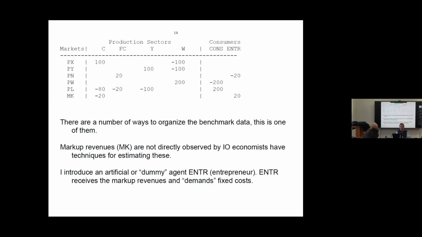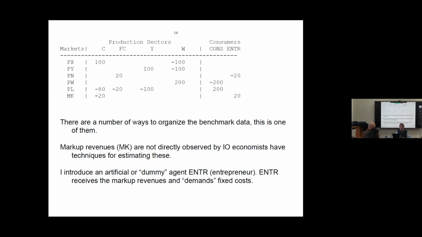So the last line in this little matrix is minus 20, the markup revenues become the income of the entrepreneur. But this dummy agent doesn't want to buy goods. This dummy agent wants to buy fixed costs. So this is a way of getting markup revenues to exactly equal fixed costs, which is a free entry assumption.